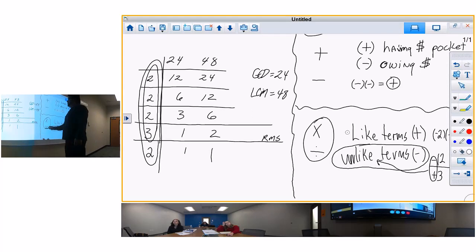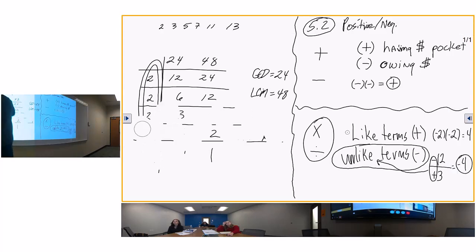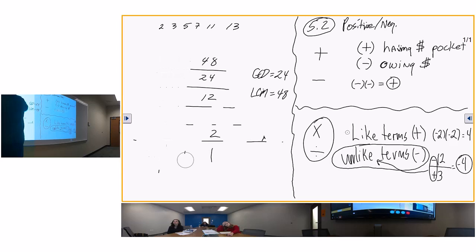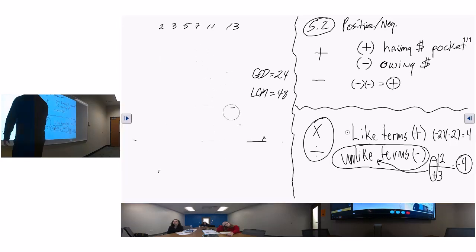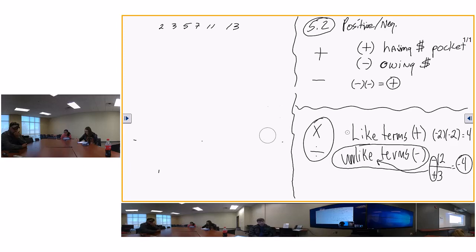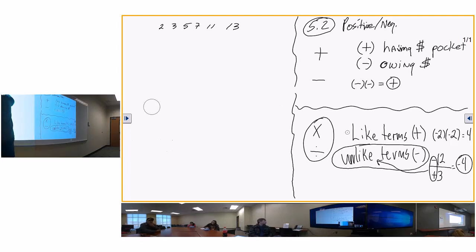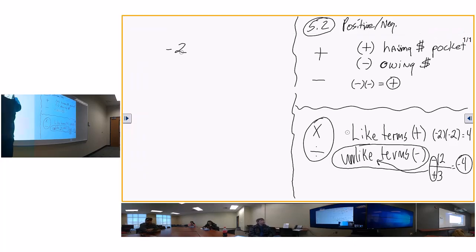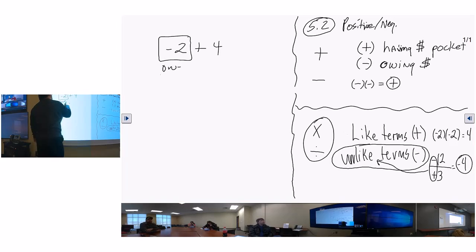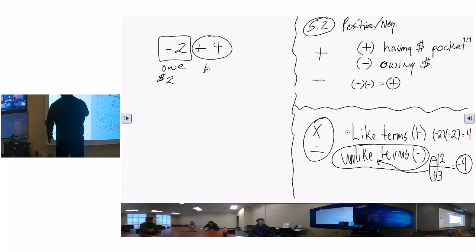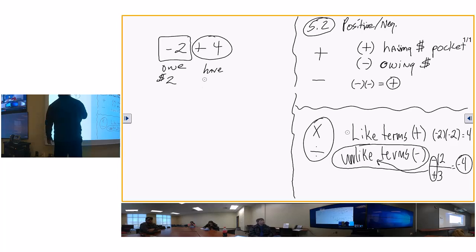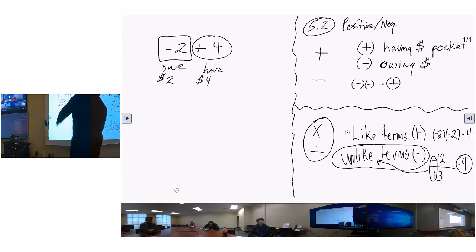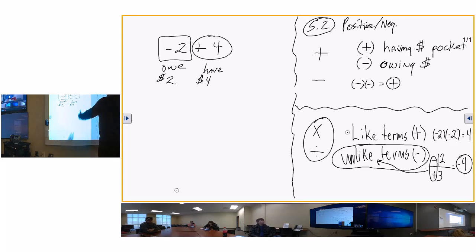Let's go over here. And I'm just going to make up some. Negative 2 plus 4. This means you owe $2. This means you have $4. So what happens when you owe $2 and you have $4?